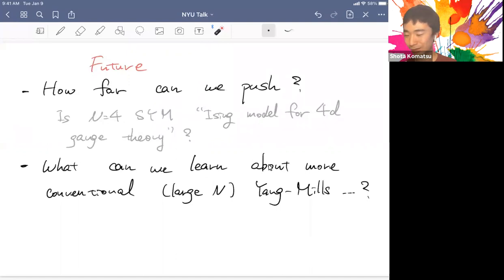And about going to the massive regime, not much progress has been made so far. But one thing one can try to do is to go to the Coulomb branch of N=4 super Yang-Mills, which is a bit different from really going to the massive theory, but you can give some expectation value to some scalar fields. And that can be studied using integrability.